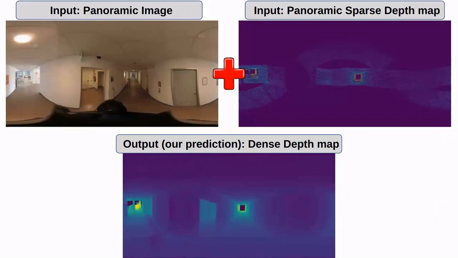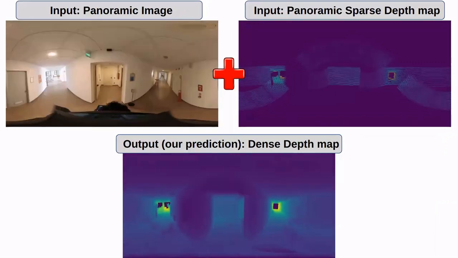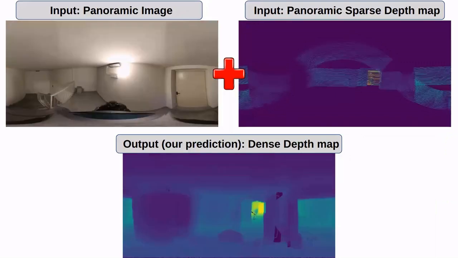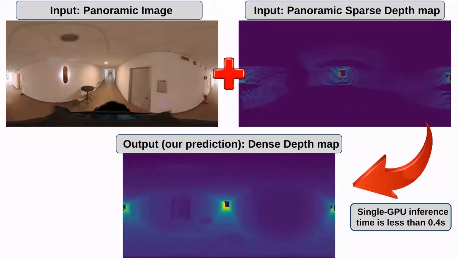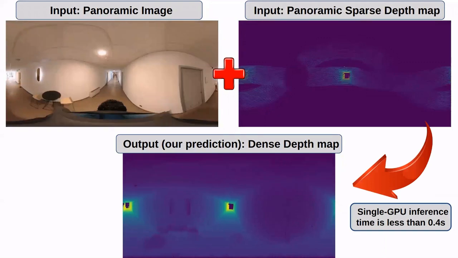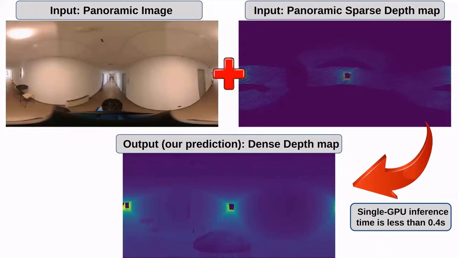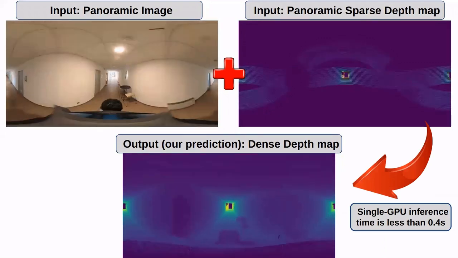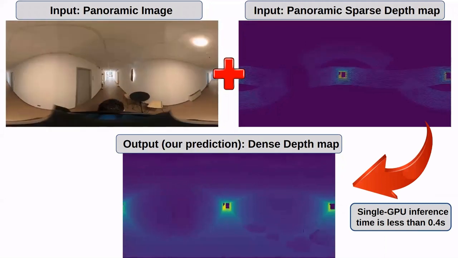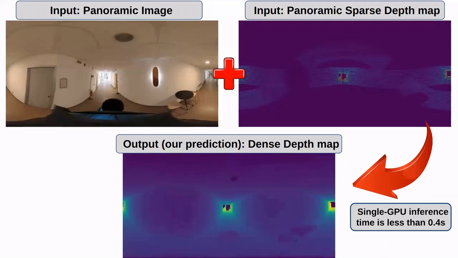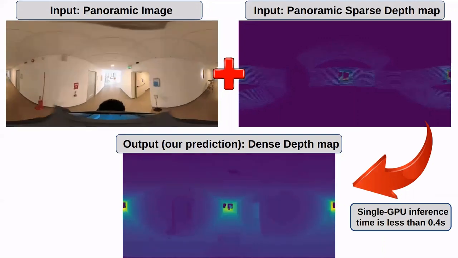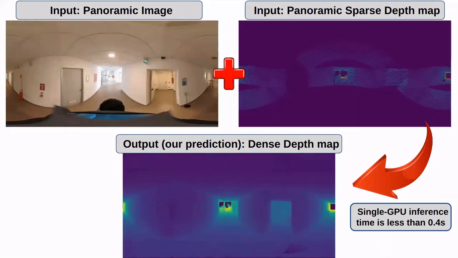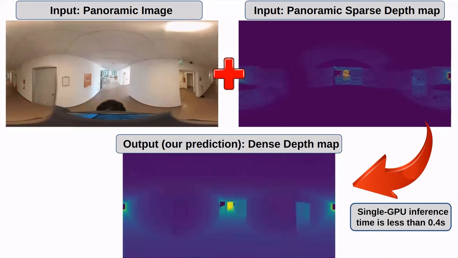In our case, starting from a 512 times 1024 image and depth map, we inferred depth in under 16 milliseconds on a single GPU, which is much faster than a single rotation of typical LiDARs covering a 360-degree view. For instance, 50 milliseconds to 200 milliseconds per rotation for a Velodyne VLP16.